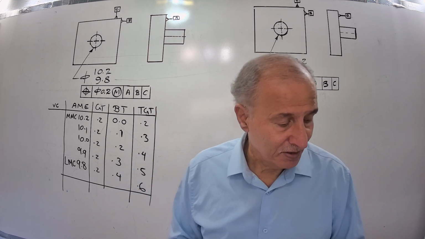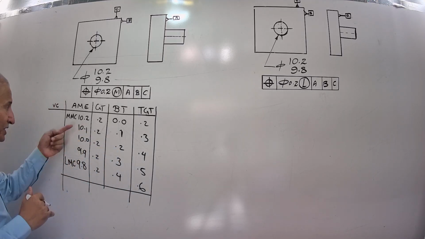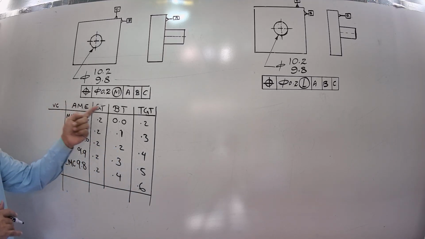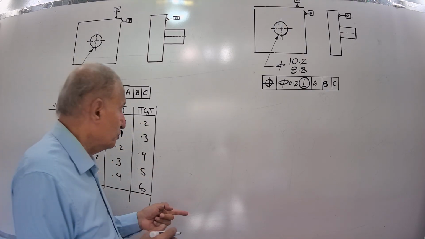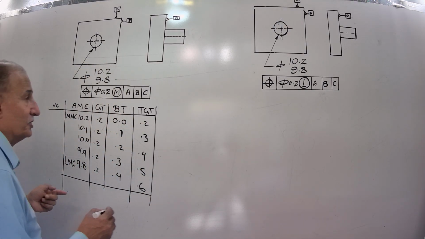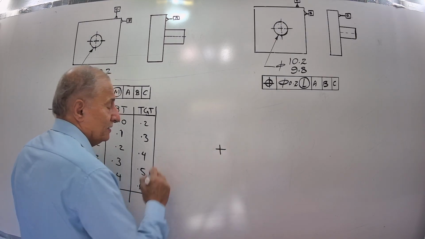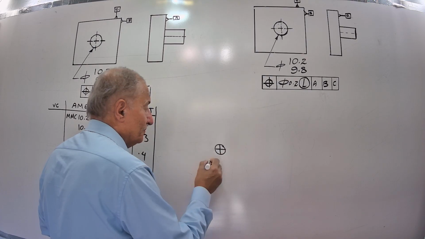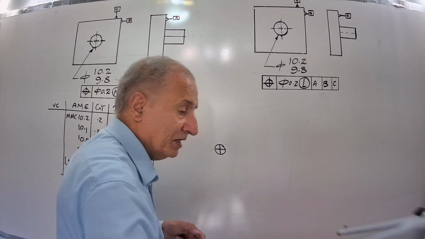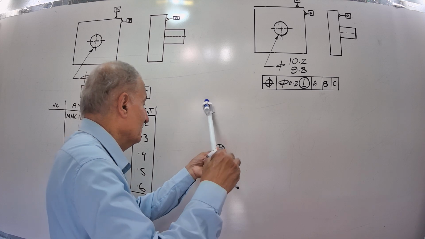Let's consider one by one. First, let's start at MMC 10.2 with 0.2 error. It means that, let's assume that this is the true position. Zone is 0.2.